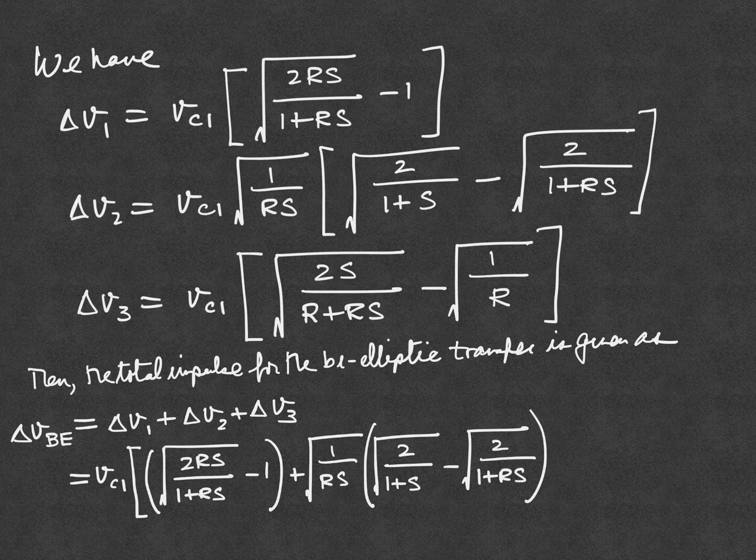And then finally, the last two terms are the square root of 2S over R plus RS minus the square root of 1 over R.